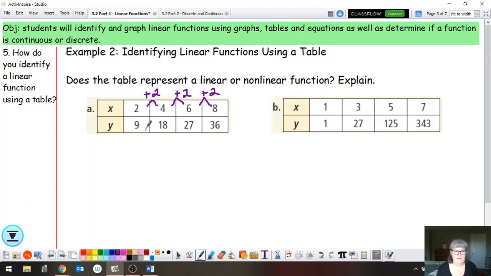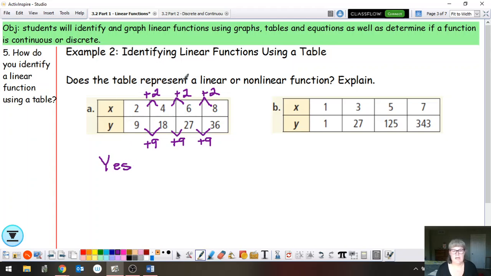Let's look at the y values. 9 to 18, increasing by 9. 18 to 27, also increasing by 9. 27 to 36, also increasing by 9. So as x increases by 2, y increases by 9. So we would say that yes, this is a linear function.